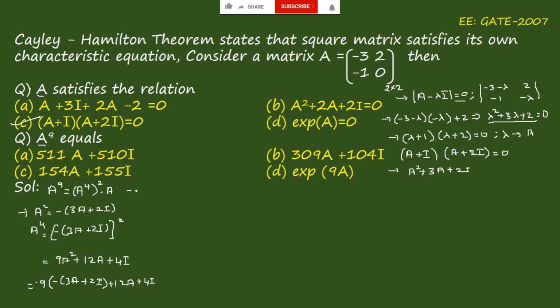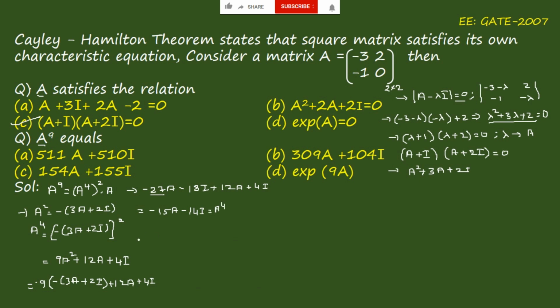So it becomes minus 27A minus 18I plus 12A plus 4I, right? Which is equal to, just subtracting these two, minus 15A minus 14I, which is equal to A power 4.